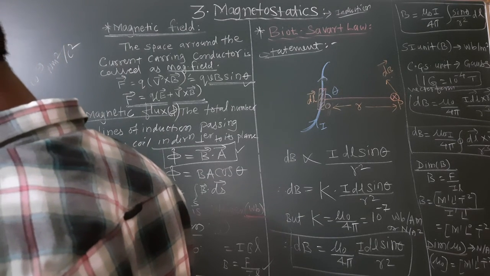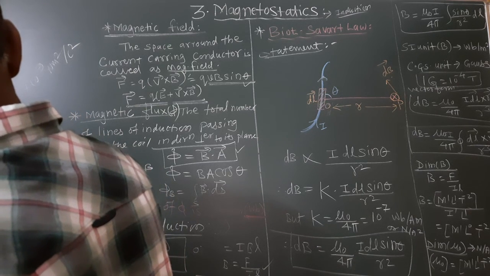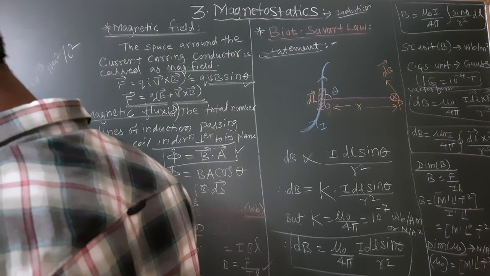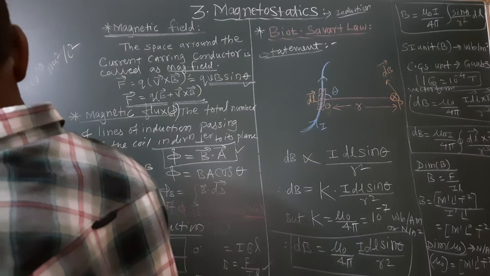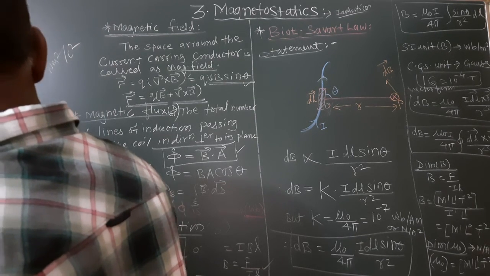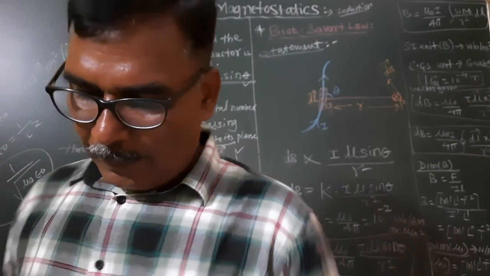Then mu 0 into epsilon 0 is 1 by c square, so c is equals to 1 upon under root of mu 0 into epsilon 0. Sometimes the speed of light can be calculated by using the same formula.